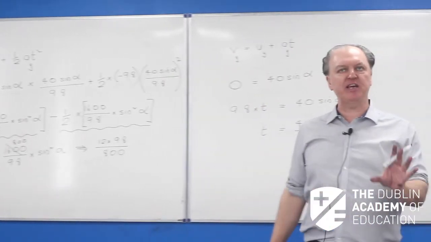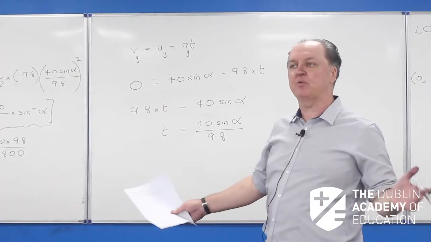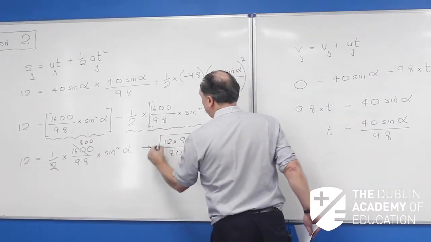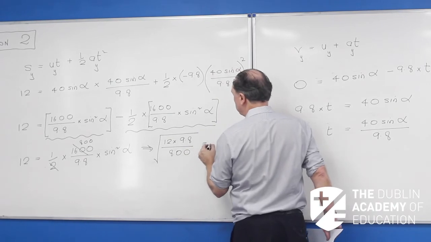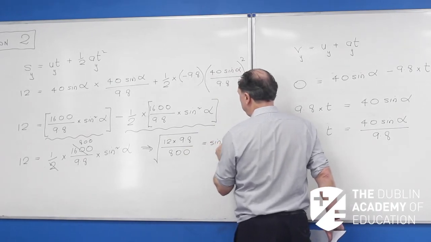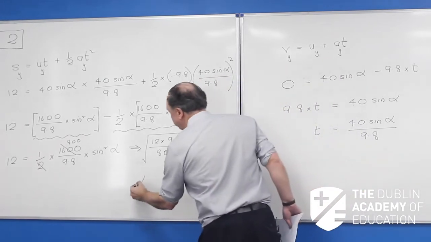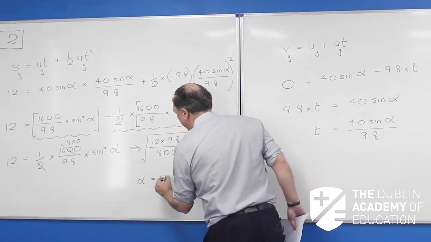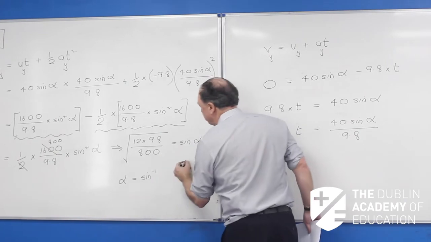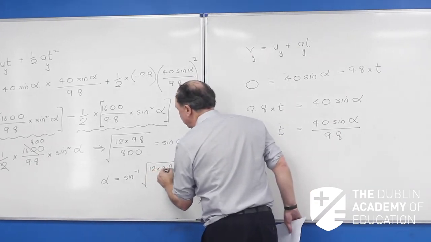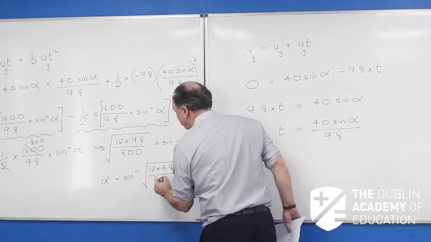That's equal to sine squared alpha. I don't want sine squared, I want sine alpha. So sine alpha will be the square root of all of that. And therefore alpha will be the inverse sine of the square root of 12 by 9.8 divided by 800.